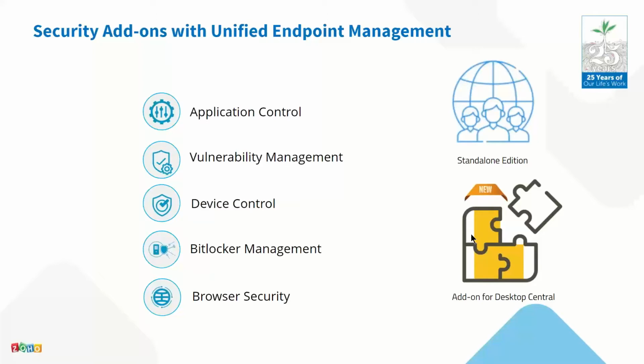All these are available as separate standalone products. And if you want them as a whole suite, that's available as the security add-on. BitLocker management is available only as an add-on for Desktop Central. So if you go for the security add-ons altogether as one suite, you get BitLocker management along with that too. That's the clarity you need to have on how the security add-on is available with unified endpoint management.